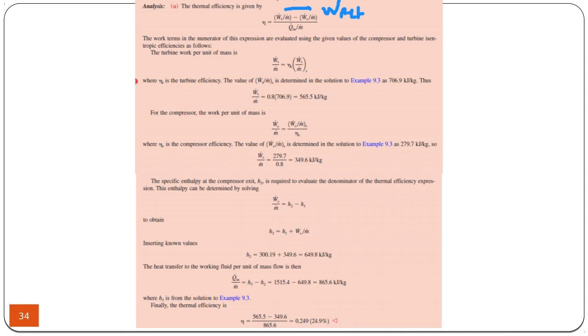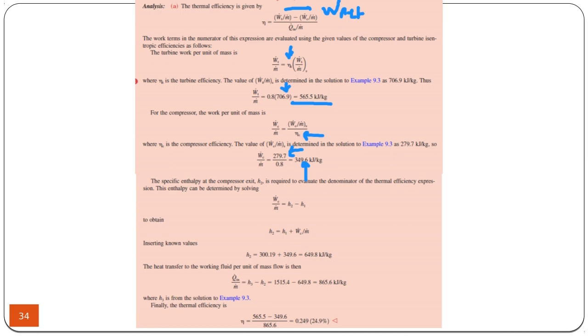So both in the turbine and in the compressor, isentropic efficiencies must be included, so that the actual turbine work is 565.5 instead of 706 for isentropic, and compressor work is now 349 instead of 279 for an isentropic compressor.